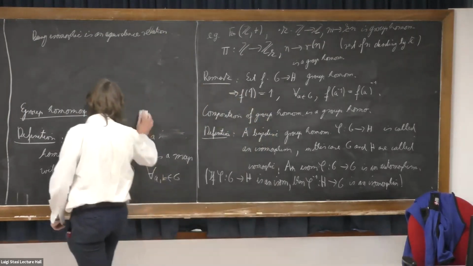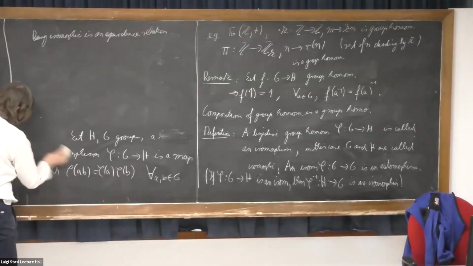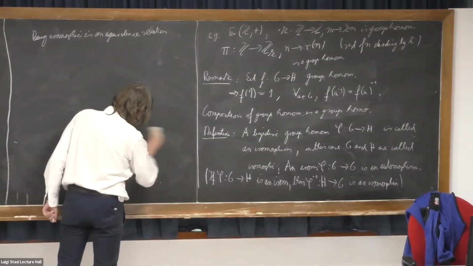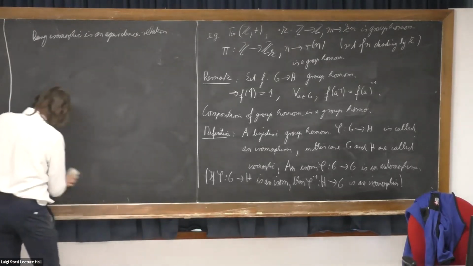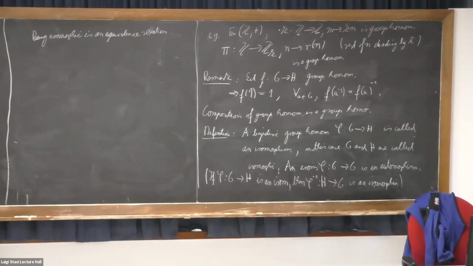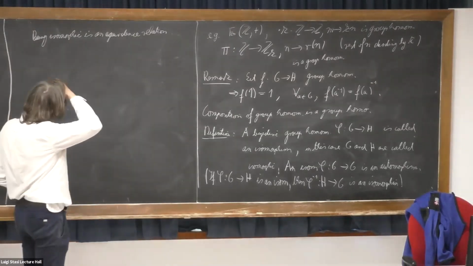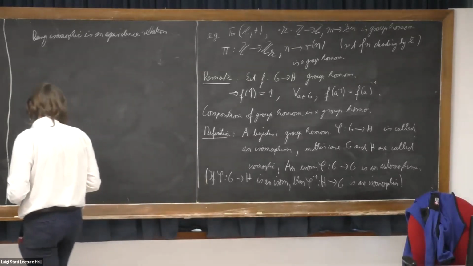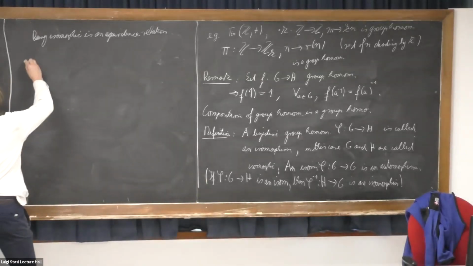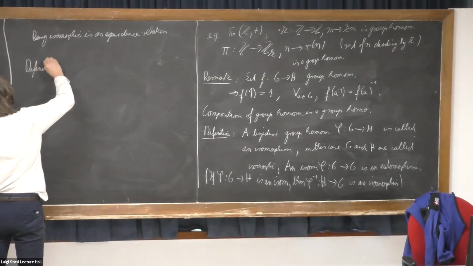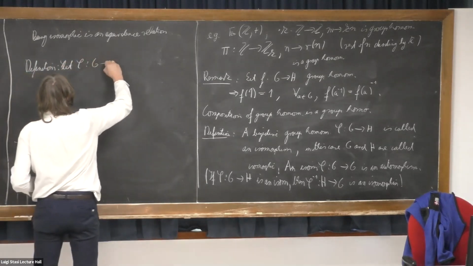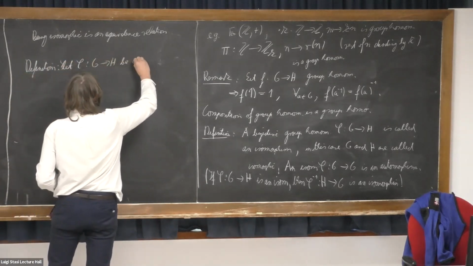Obviously, we also want to know, for a homomorphism, we also have the image and the kernel. The image is obviously the image, and the kernel is the inverse image of the neutral element. So let F be a homomorphism.